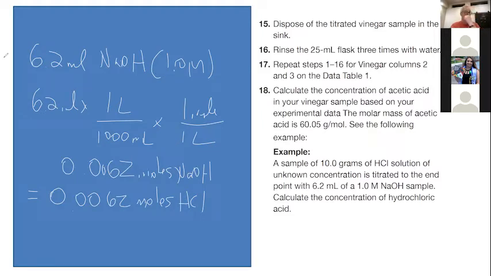Remember, when we did the workshop on Tuesday, always balance the equation before you do these calculations to make sure that it's a 1-to-1 ratio of acid to base, or it's a 2-to-1, or it's a 3-to-1, or whatever it is. We know with sodium hydroxide and HCl, it's 1-to-1. So that tells me how many moles of HCl I have.